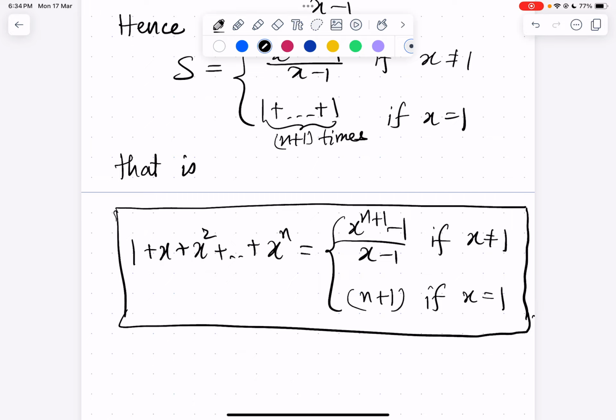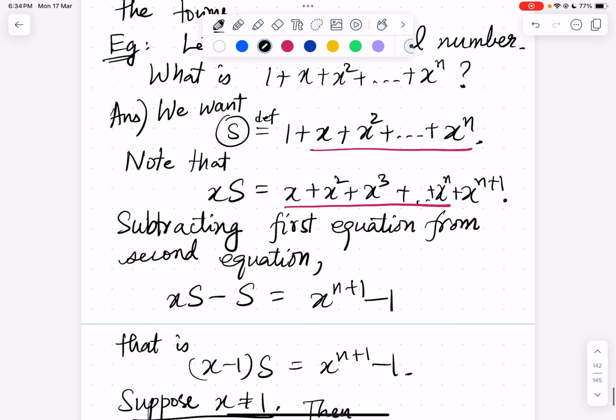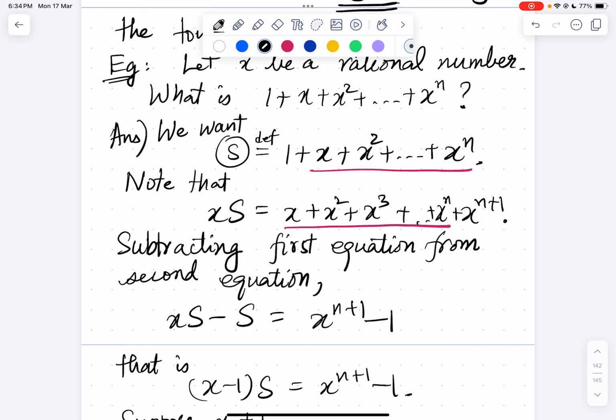So what did we do? We want s equals 1 plus x plus so on till x power n. We observed that if we multiply s by x, we get x plus x squared plus so on till x power n plus 1. Then subtracting one equation from the other, many of the terms cancel out, and we get xs minus s is x power n plus 1 minus 1.